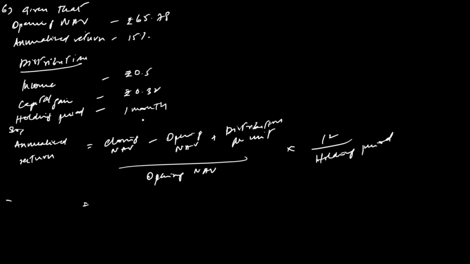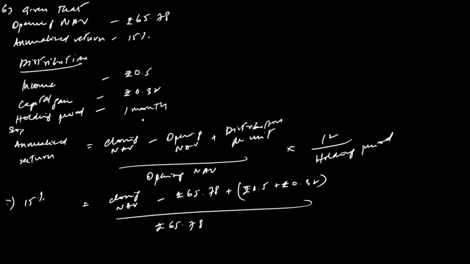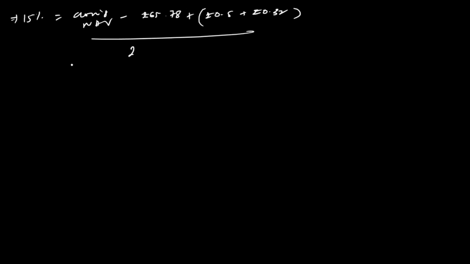This is nothing but 15% is equal to closing NAV minus rupees 65.78 plus distributions 0.5 plus 0.32 divided by rupees 65.78 into 12 by 1.